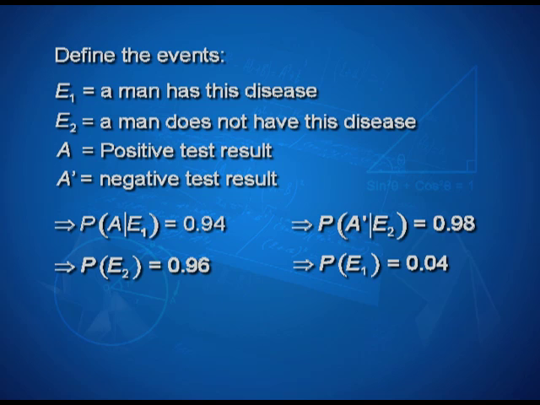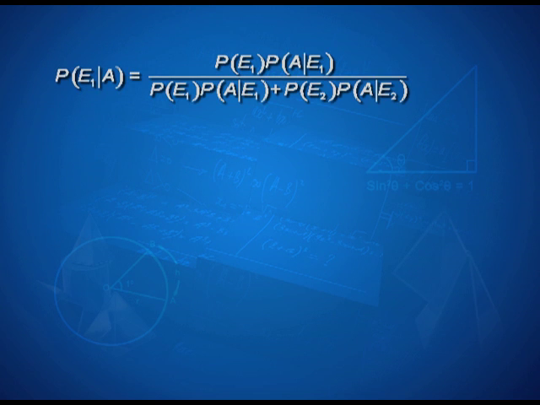Therefore, we need to find the probability of E1 given that A has occurred. By Bayes theorem, the probability of E1 given that A has occurred is the probability of E1 into the probability of A given that E1 has occurred, divided by the total probability, that is the probability of E1 into the probability of A given that E1 has occurred plus the probability of E2 into the probability of A given that E2 has occurred.